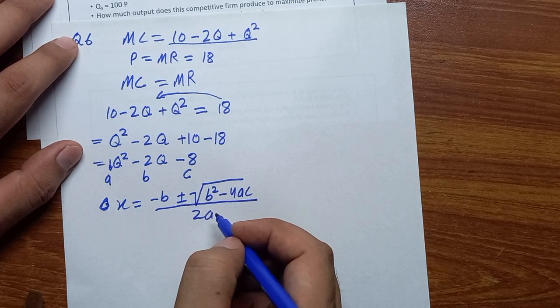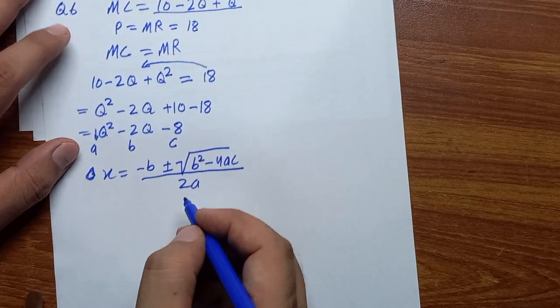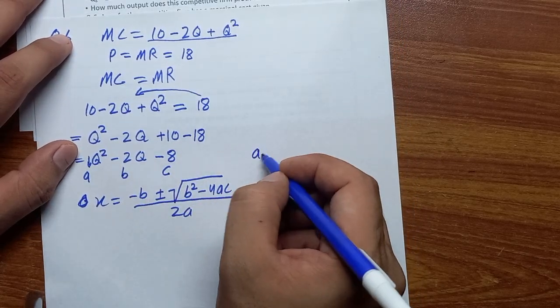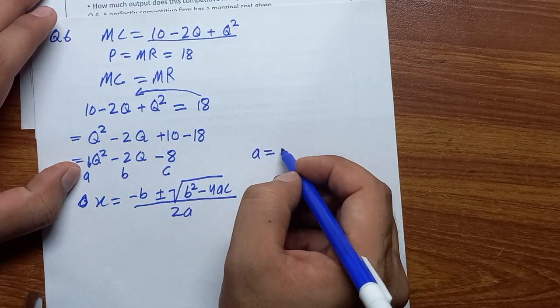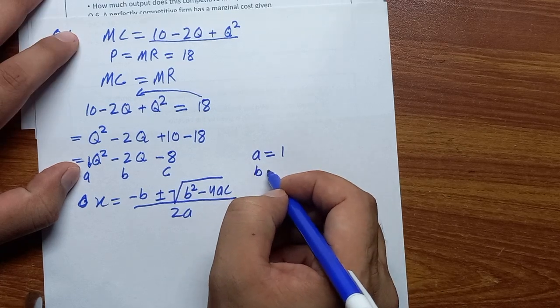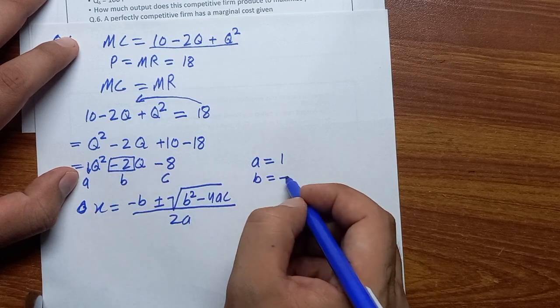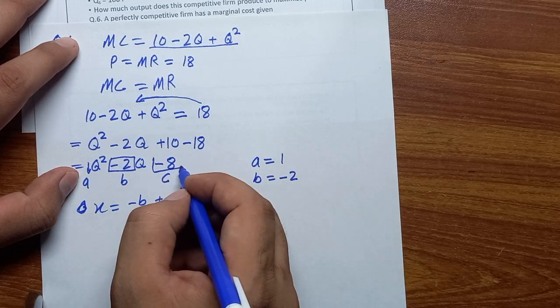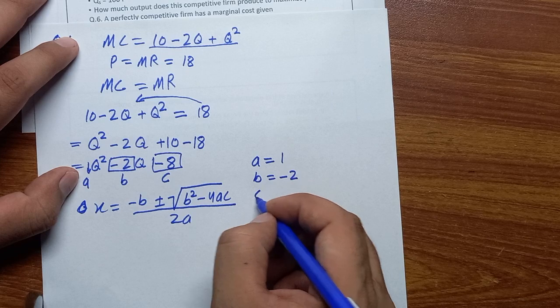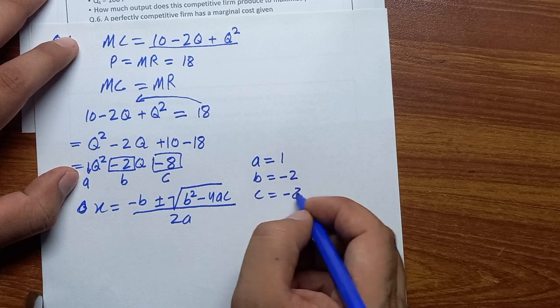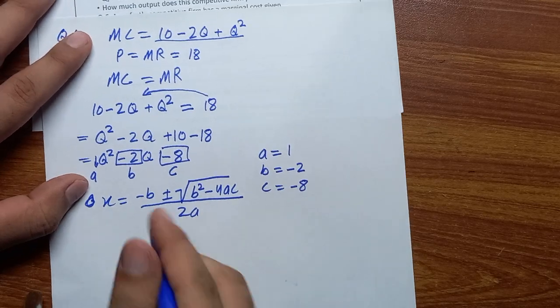Now putting the values, the value of a is 1, the value of b is minus 2, and the value of c is minus 8.